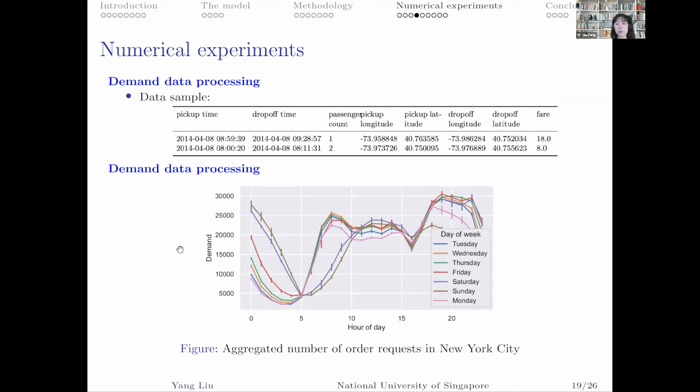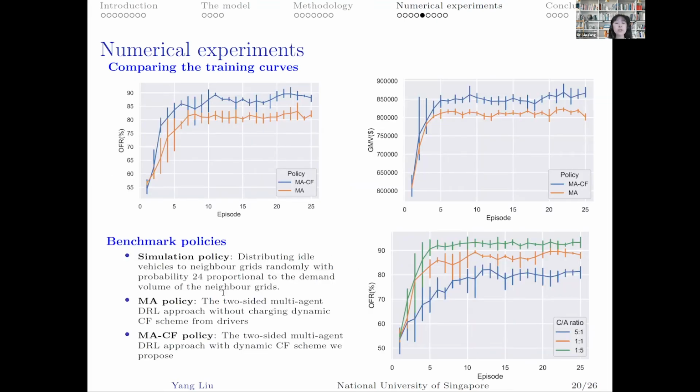For example, if we look at Saturday and Sunday, the demand pattern is significantly different from what we observed for Monday to Friday.